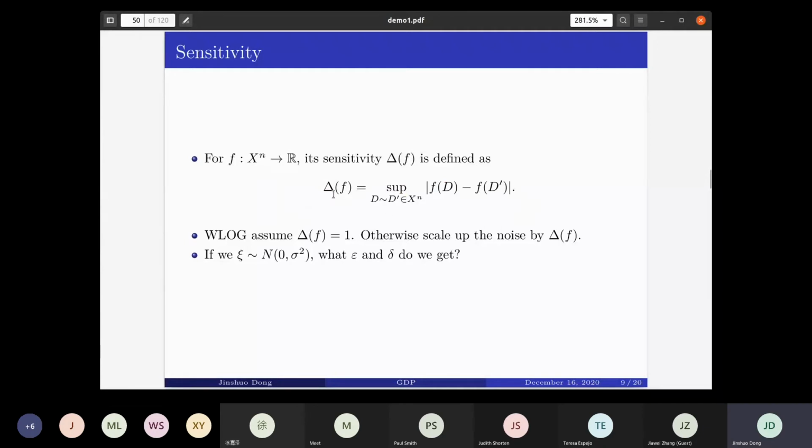In order to make it finite, this f, for example, the sample mean doesn't have a finite sensitivity, but the trimmed mean has a finite sensitivity. Or the median has a finite sensitivity if the data comes from a bounded range. I don't want to go into too much detail, but there are ways to make this function have finite sensitivity and not affect statistical efficiency significantly.